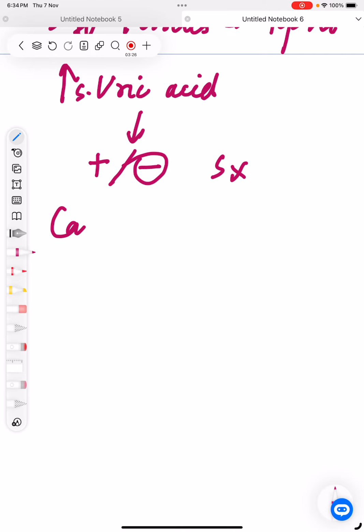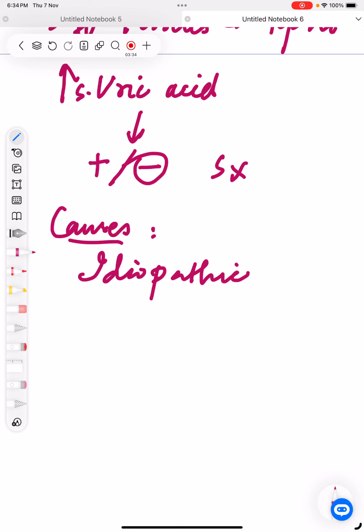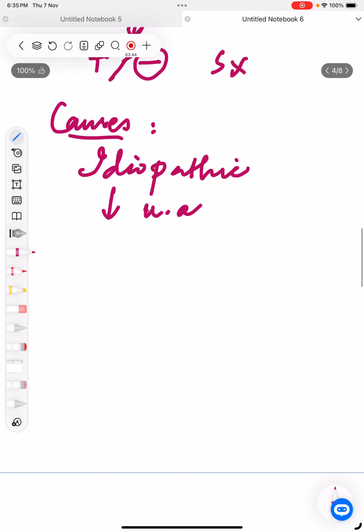Now, what are the causes of gout? Basically, most of the times it's idiopathic. Where it is usually associated, research has shown that under secretion of uric acid in the body can stimulate over secretion. In cases of chronic renal failure, this can happen.